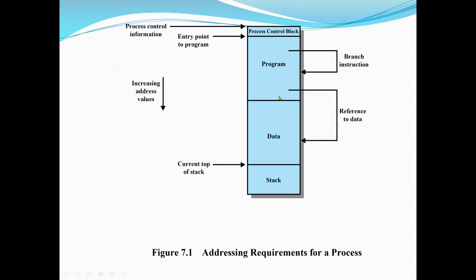The diagram shows a process image. We have the process control block, the program, data, and also the stack. For simplicity, we should assume that the process image occupies a contiguous region of main memory. Then clearly the operating system will need to know the location of the process control information and the execution stack, as well as the entry point to begin execution of the program.